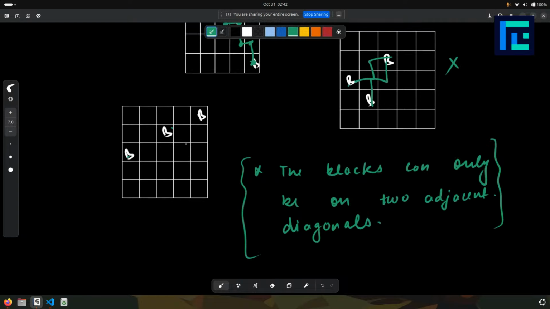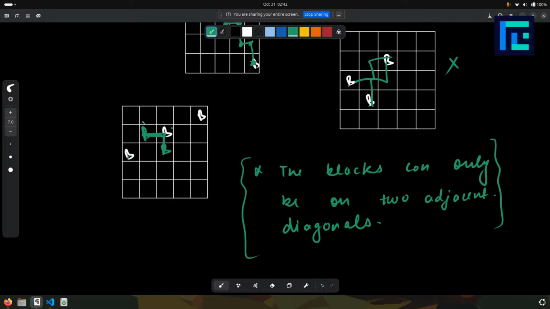So basically, let's say that I have gone to this diagonal, and I have also gone to this diagonal. So basically I will color these two cells black.